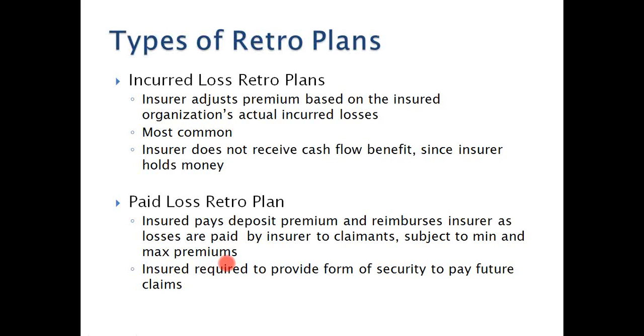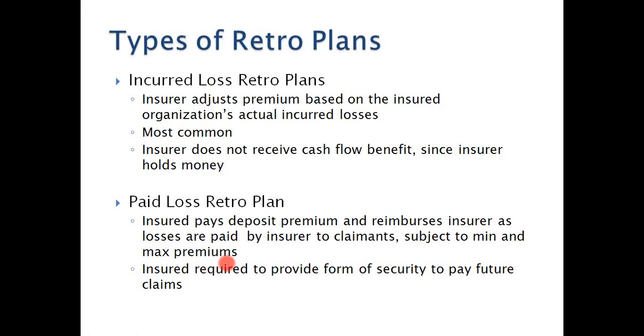By doing this, the insured does not receive cash flow benefit, since the insurer is holding the money. There's a typo there: the insured does not receive cash flow benefit since the insurer holds the money. Under a paid loss retro plan, the insured pays a deposit premium and reimburses the insurer as losses are paid to the claimants.